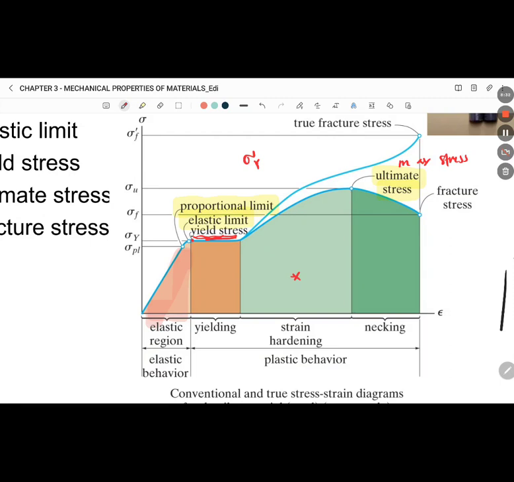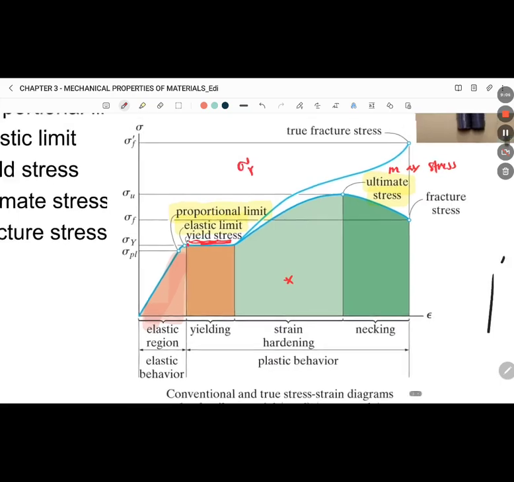Up to the ultimate stress, as the specimen elongates, the cross-sectional area will decrease. If you go beyond the ultimate stress, you can see the stress starts to decrease, and the sample starts to experience necking.